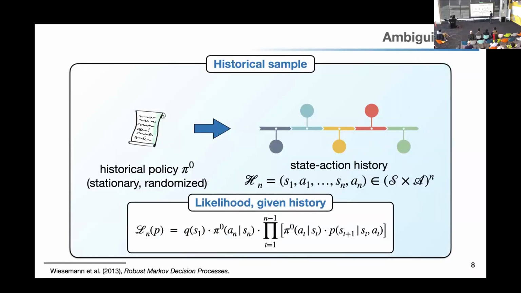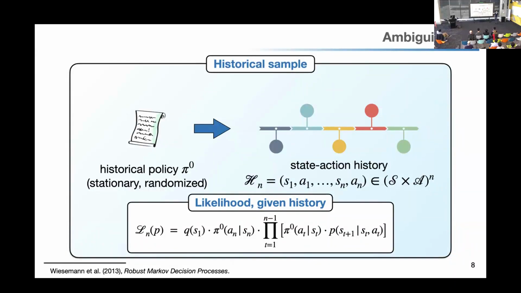The maximum likelihood estimator is based on the likelihood function, which tells us for a given transition kernel P, how likely is it to observe this state action history under P. And the maximum likelihood estimator is then simply the transition kernel P under which the observed state action history has the highest likelihood.